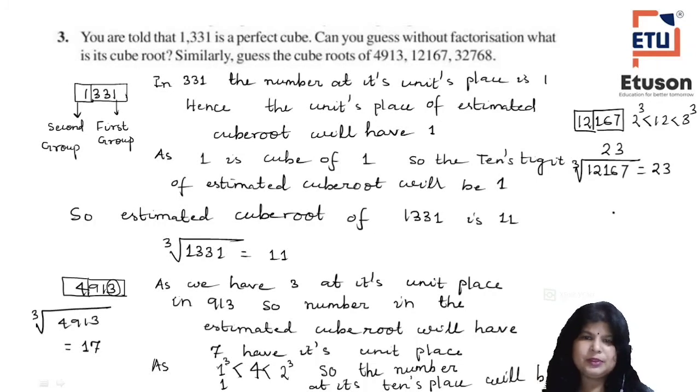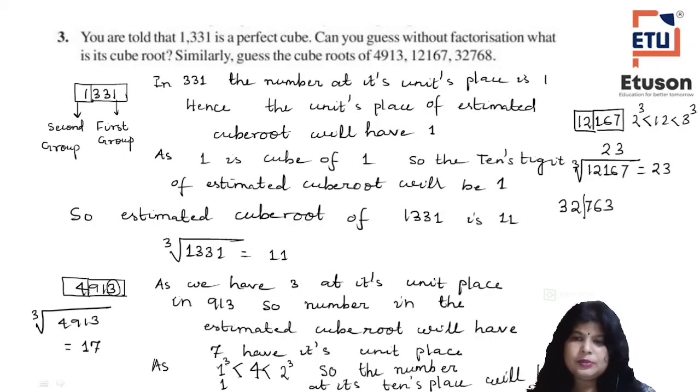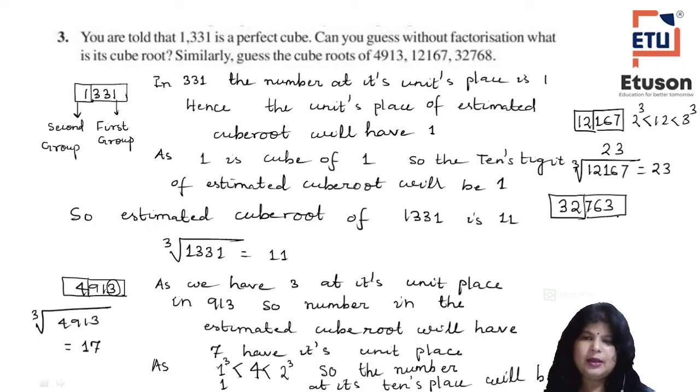Very easy, right? Similarly, the next question, 32768. You can just write down the statement as I have written for the two numbers. Again grouping it, you have 768, again 8 at its units place. From this first group you got the units place, and from the second group you know that 32 lies between 3 cube, that is 27, and 4 cube, that is 64.